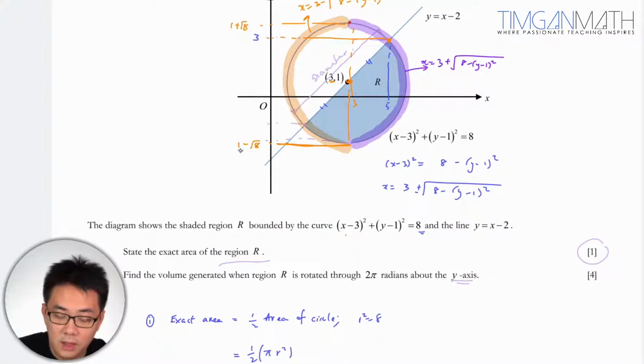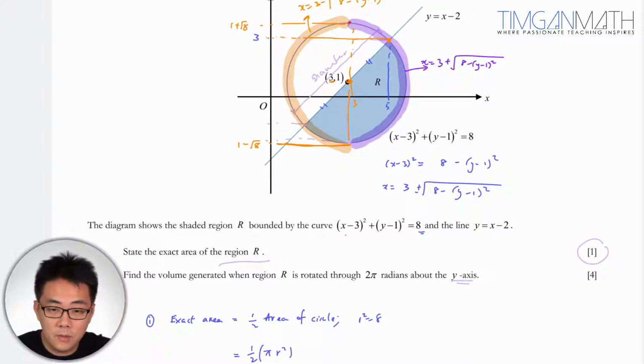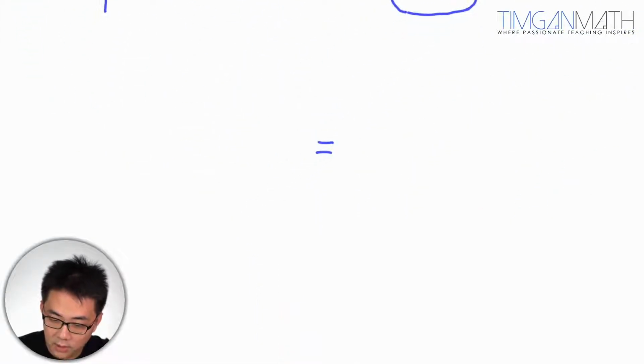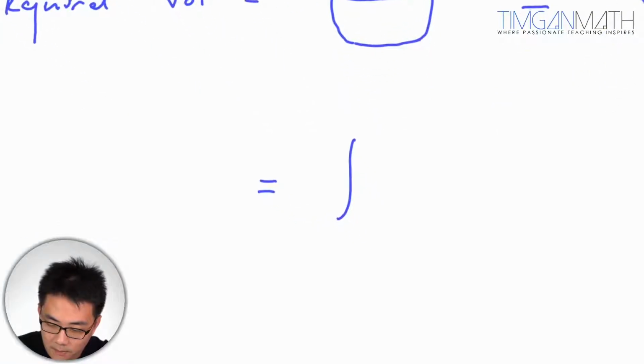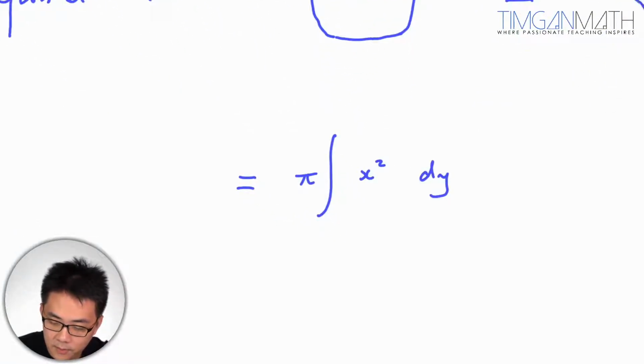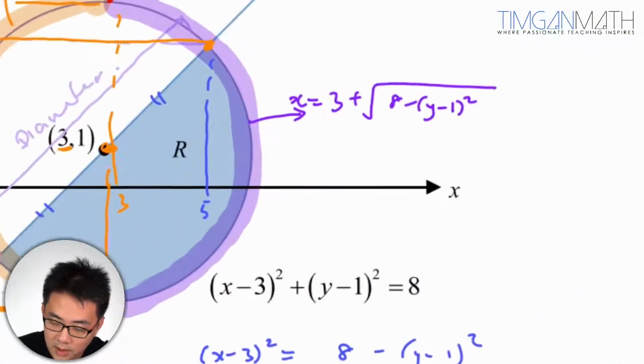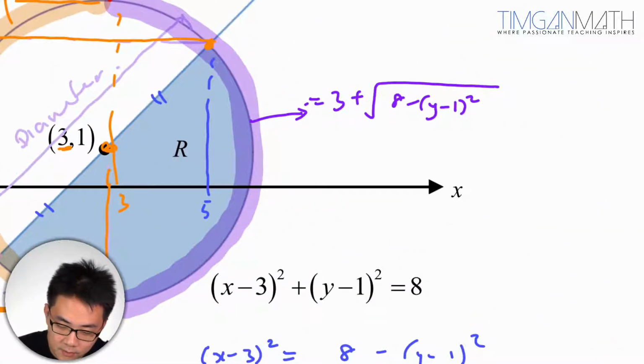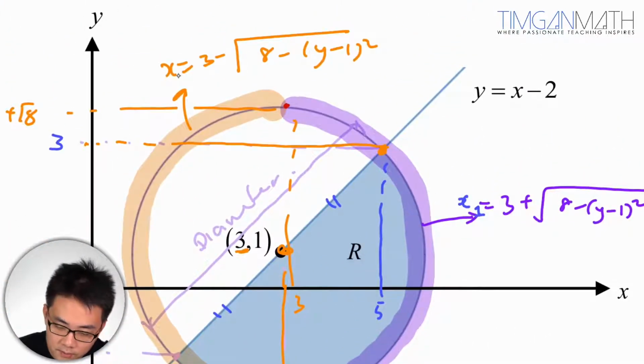Once that's done, we can start. So this will be integrating from 1 minus root 8 to 3, right? Essentially what we need is to integrate pi x squared dy, and I label this as x1. This is my x1, this is my x2.